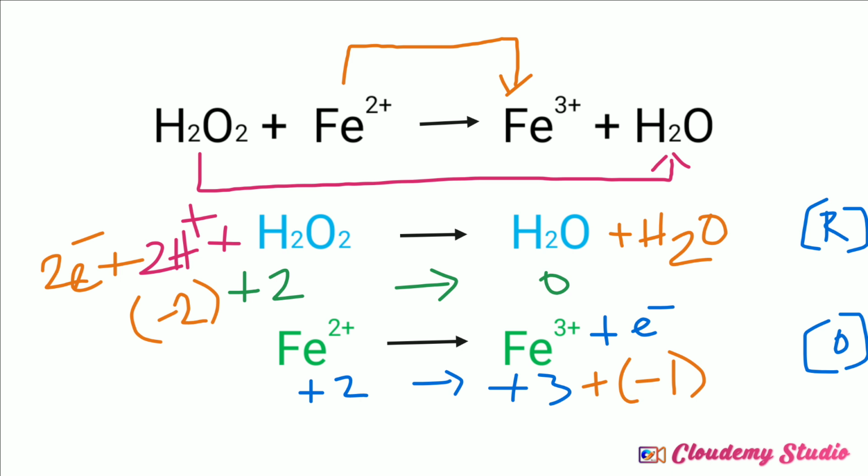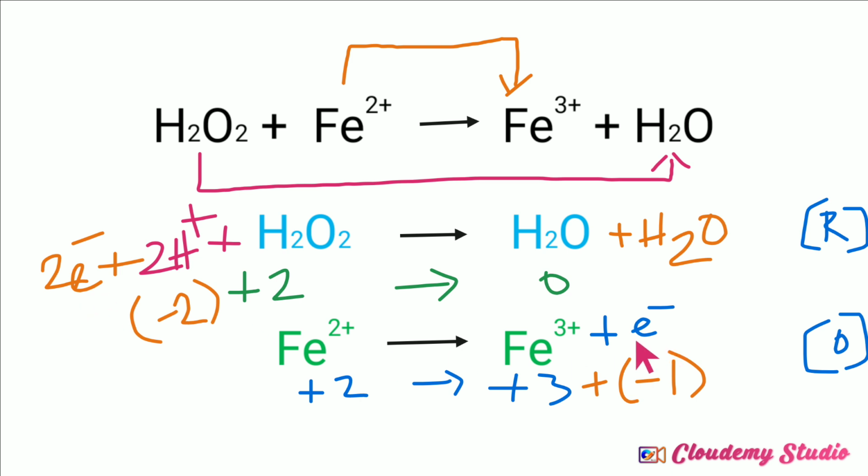But as per the rule, how many electrons are lost and how many electrons are gained? Both must be same. The number of electrons gained and the number of electrons lost must be equal in a redox reaction. But here the number of electrons gained is 2 electrons.